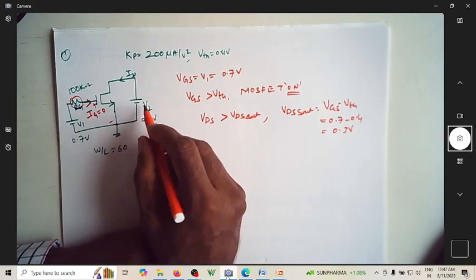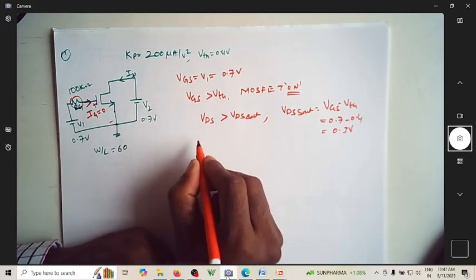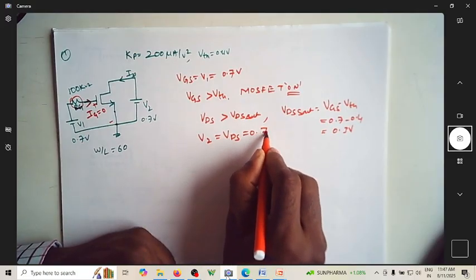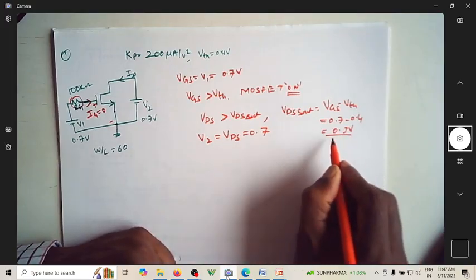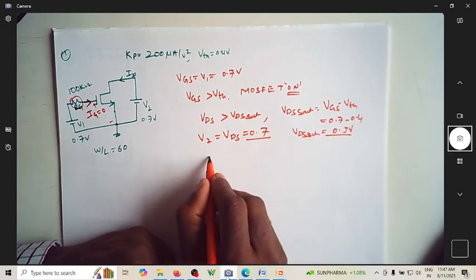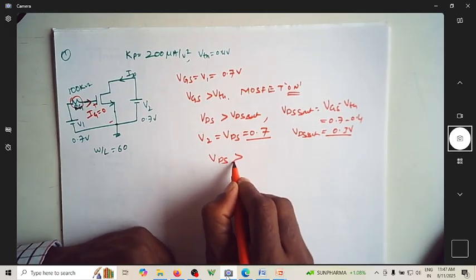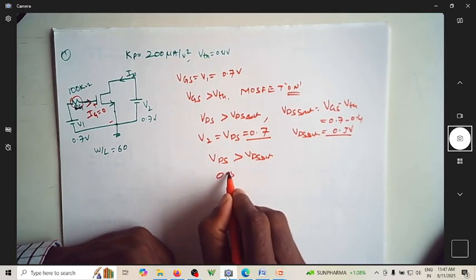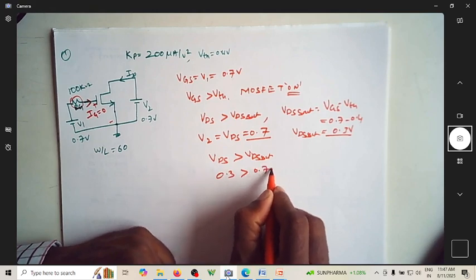And VDS for this circuit, as you can see here, this V2 happens to be VDS, which is equal to 0.7 volt. So from this we know that VDS is greater than VDS sat, that is 0.7 volt is greater than 0.3 volt.